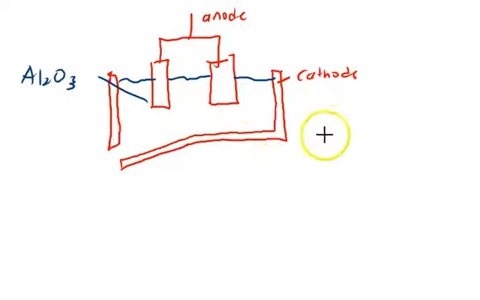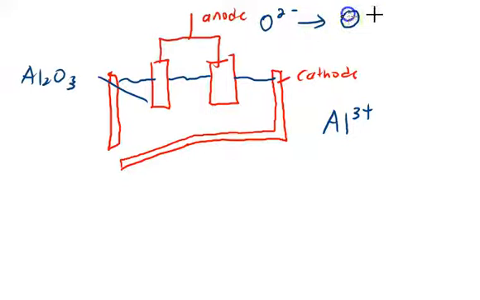At the cathode you have aluminium ions, and at the anode you will have oxide ions. The oxide ions will release electrons, and at the same time here you will have oxygen.